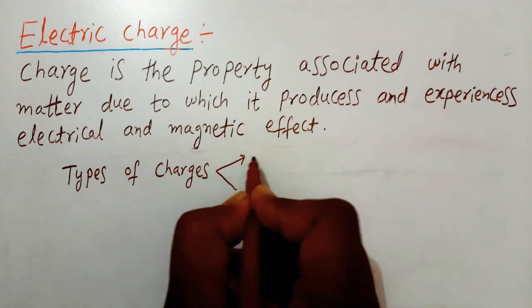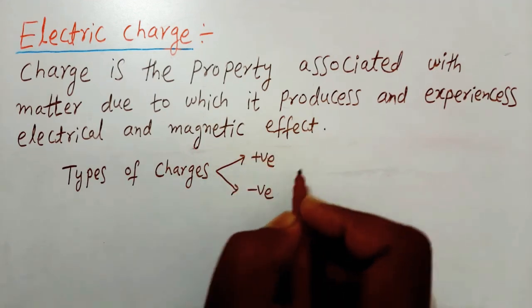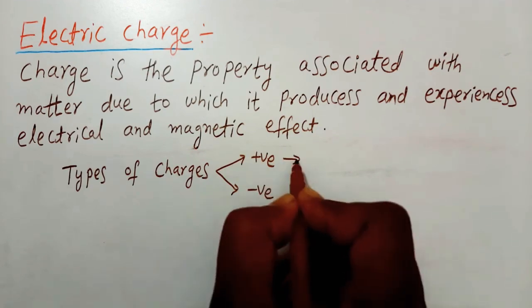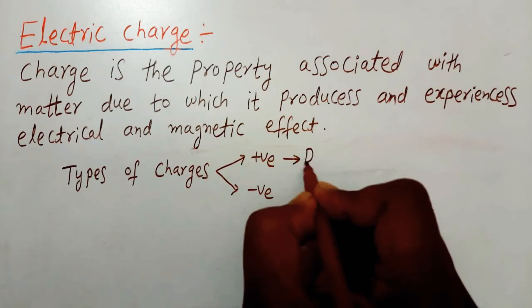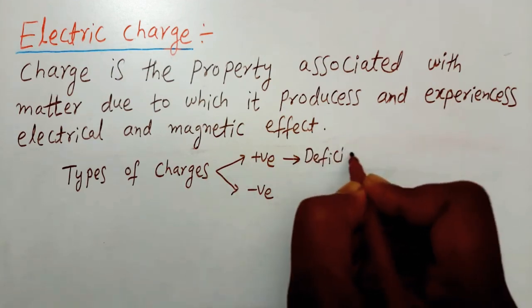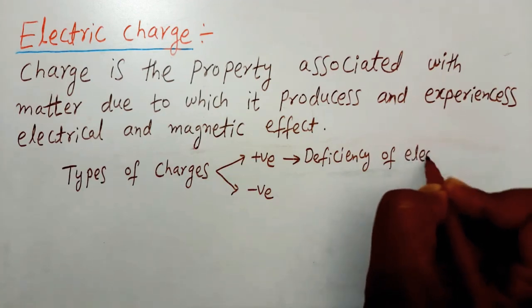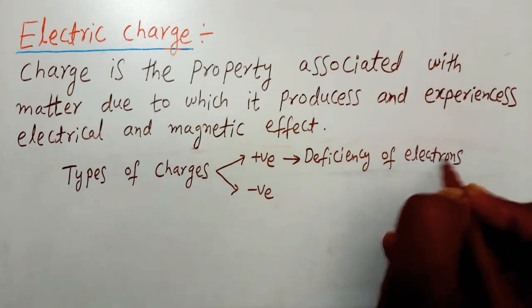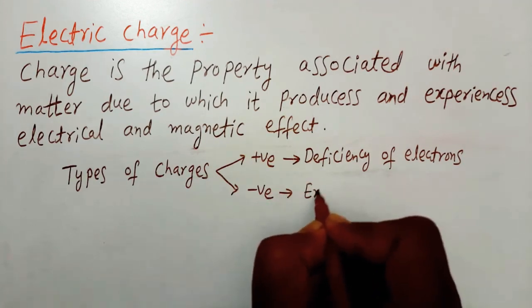First one is positive charge and second one is negative charge. Here positive charge means deficiency of electrons. Negative charge means excess of electrons.